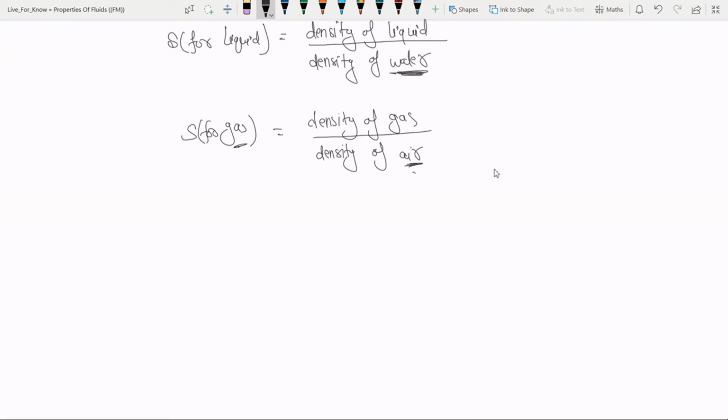Thus weight density of a liquid is equal to S into density of water.